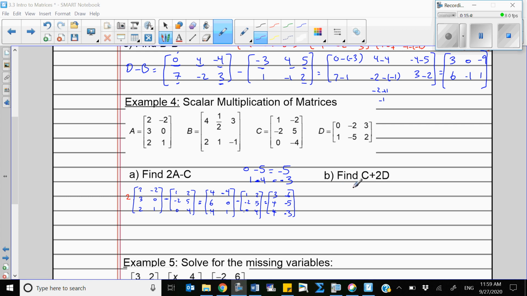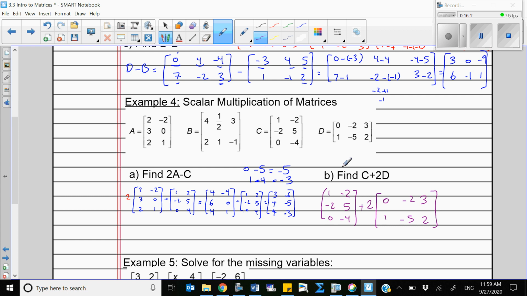Next example, we are working on C plus 2D. So the C matrix is 1, negative 2, negative 2, and 5, 0, and negative 4. And we want to add it by 2 times D. 0, minus 2, 3, 1, negative 5, and 2.